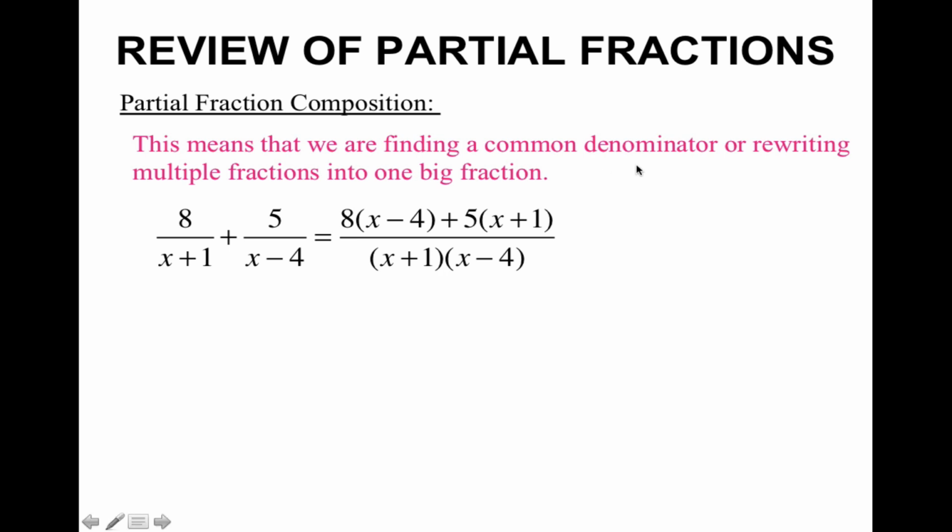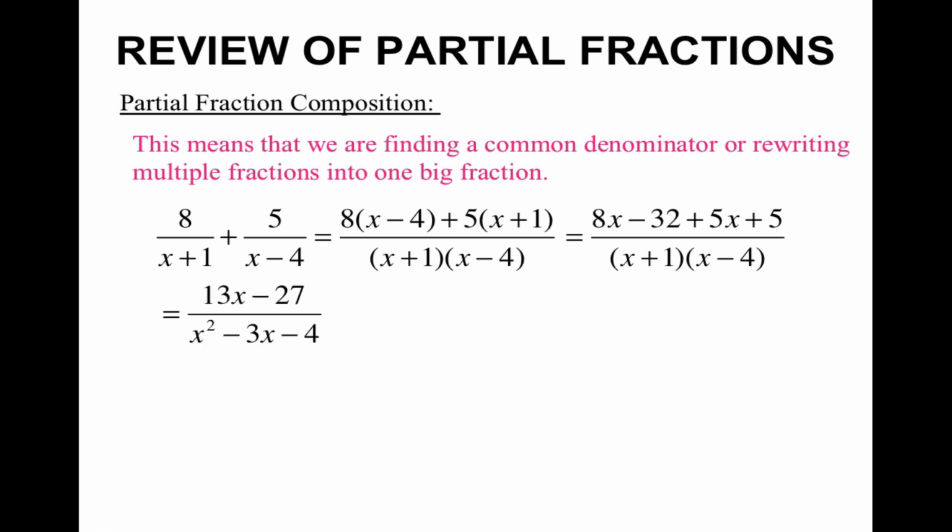And that common denominator is, of course, each factor of the bottom. So I had to multiply the 5 by x plus 1, and I had to multiply the 8 by x minus 4, and then I could add them together. And I could even simplify it, so distributing and combining like terms, so that I get the following final fraction.